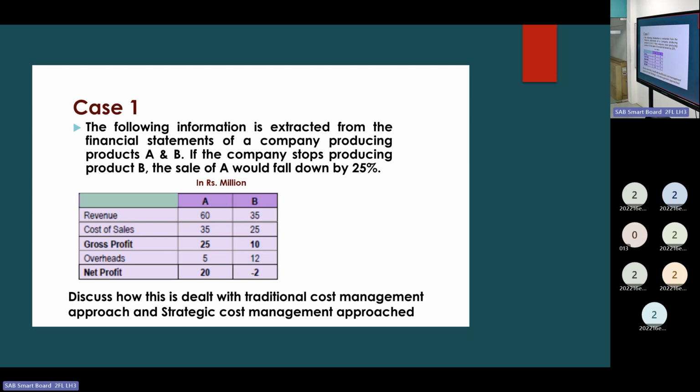Right? Sales that 25 into 25%, 6.25. That's the loss, right?